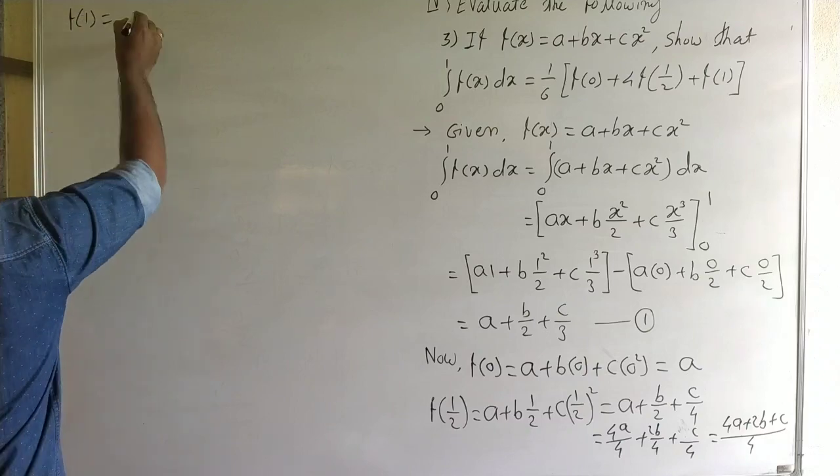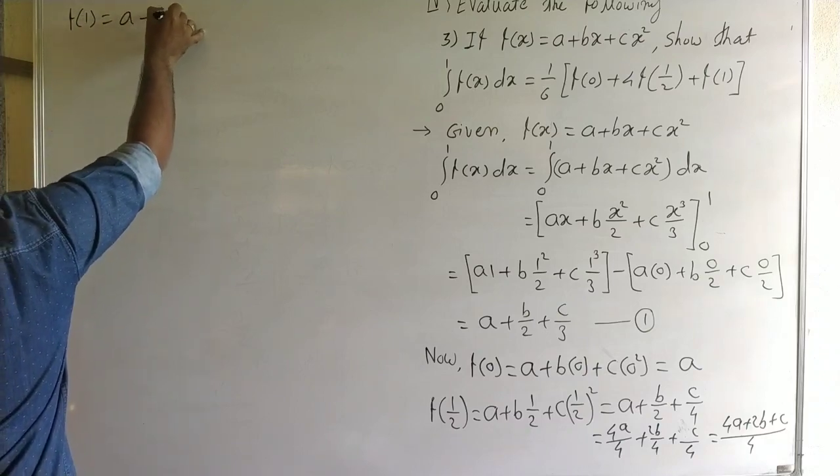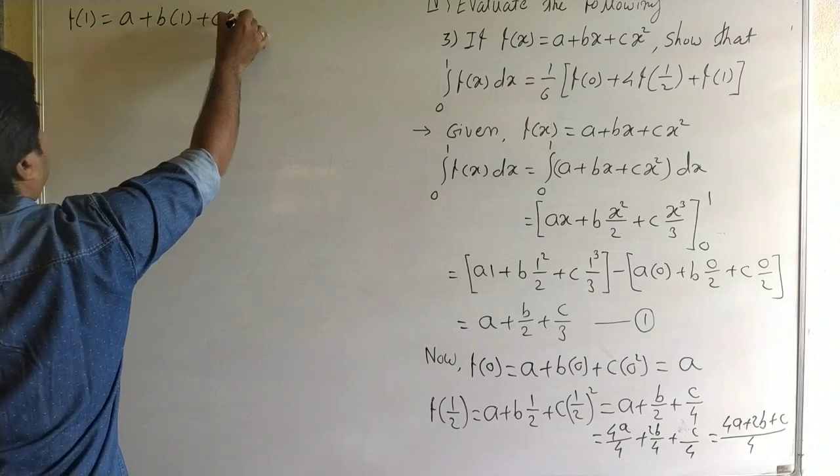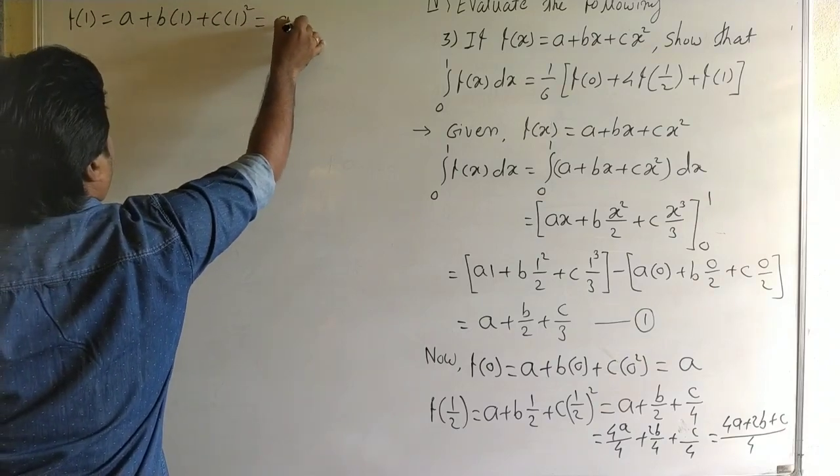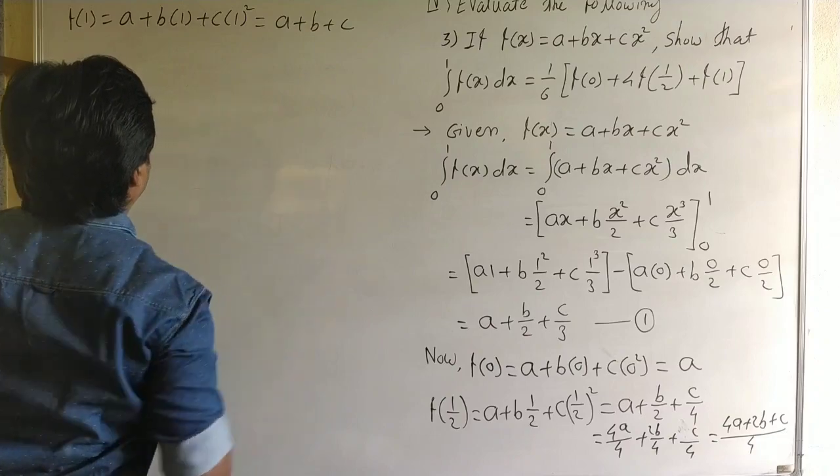But here we can add this. Then the last value is f of 1. F of 1 is a plus b into 1 plus c into 1 square, therefore it is a plus b plus c.